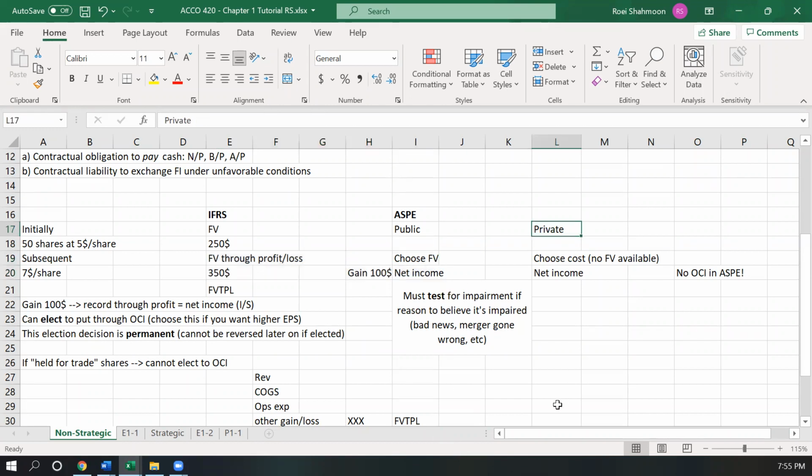What about a private company which follows ASPE? Well, think about it, guys. For that public IFRS company, we said before, let me just open my trader profile and I'll buy the shares from my nice laptop, right? I can see the price of the shares, I know where they go, and all that is nice and cool for me.